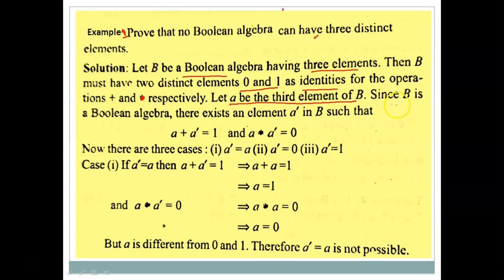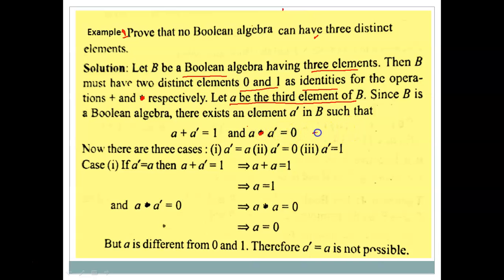Since B is a Boolean algebra, the complement of every element must exist. So if A is the distinct third element, then its complement A dash must belong to B. And by the complement law, you can say A plus A complement is 1 and A dot A complement is 0.